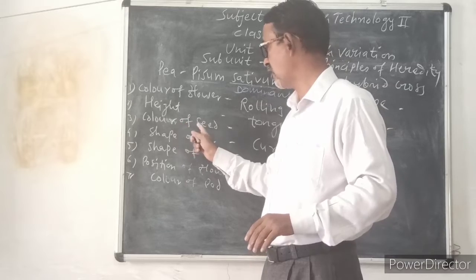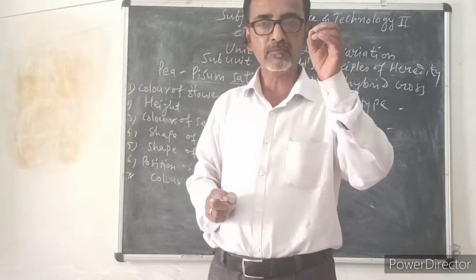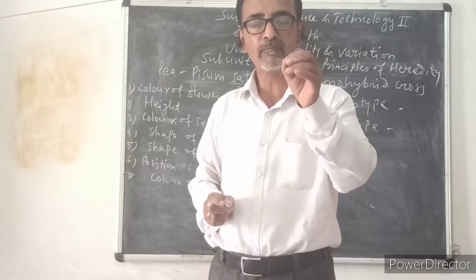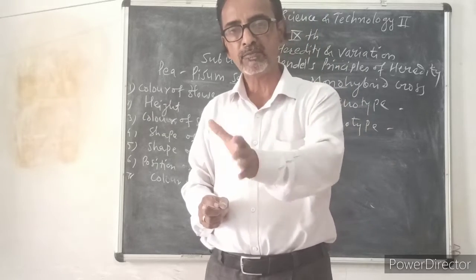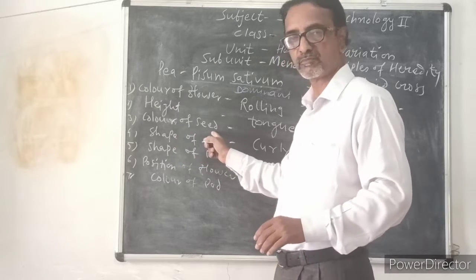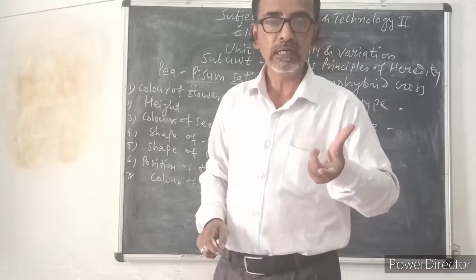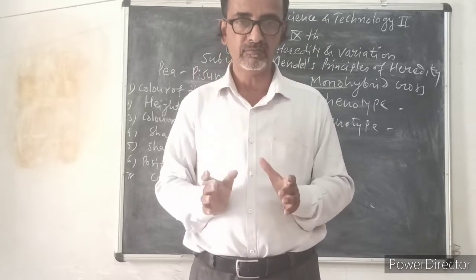Then color of seed, immediately by looking at the color we can identify that some seeds of Pisum sativum or pea plant are yellow and some are green. Then shape of seed. Some seeds are round and some are wrinkled.